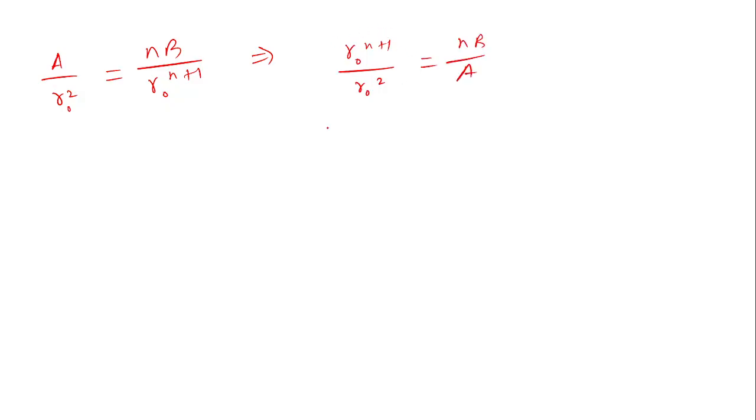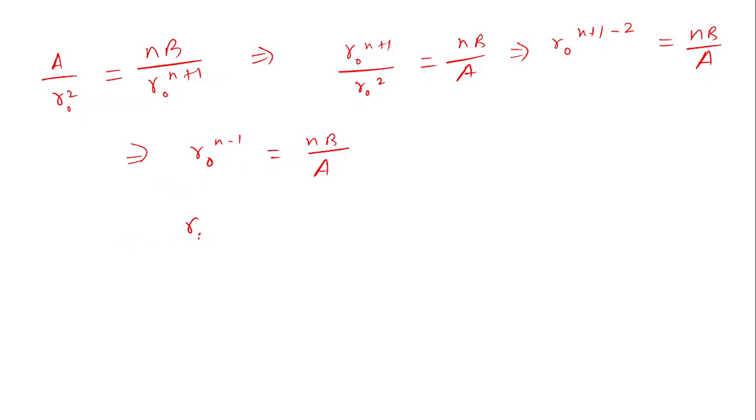Now r naught to the n plus 1 minus 2, right? This r naught square, when it comes to the numerator, will be minus 2, equal to nb over a. It implies that r naught to the n plus 1 minus 2 means n minus 1, so r naught to the n minus 1 is equal to nb over a.